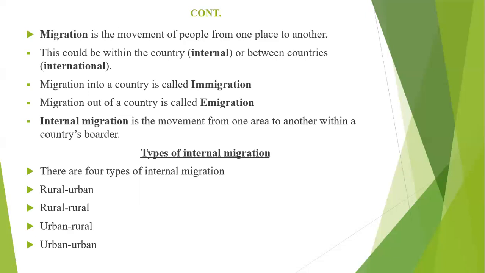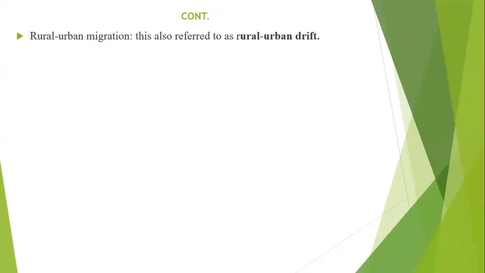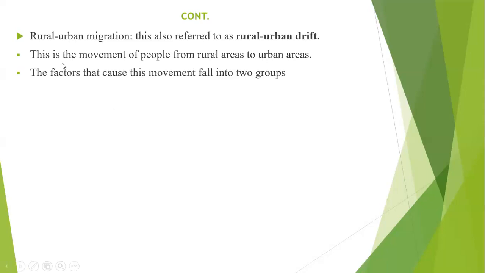Another type of internal migration is rural-urban migration, which, like I said earlier, is what we refer to as rural-urban drift. Remember that. This is the movement of people from rural areas to urban areas. The factors that can cause this movement fall into categories. What makes people move from rural areas to urban areas?